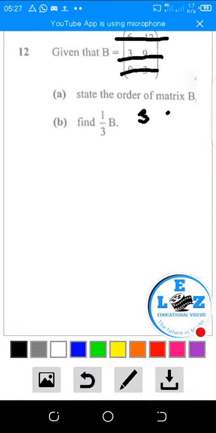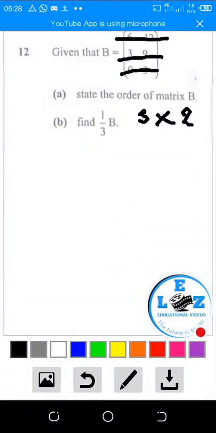So the order of this matrix is 3 by 2. Then we come to question 12b, which is find 1 over 3 times matrix B.